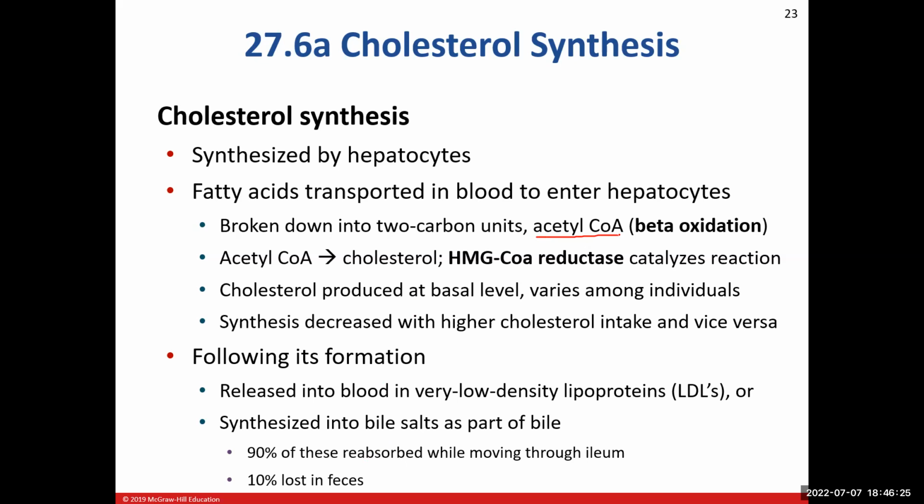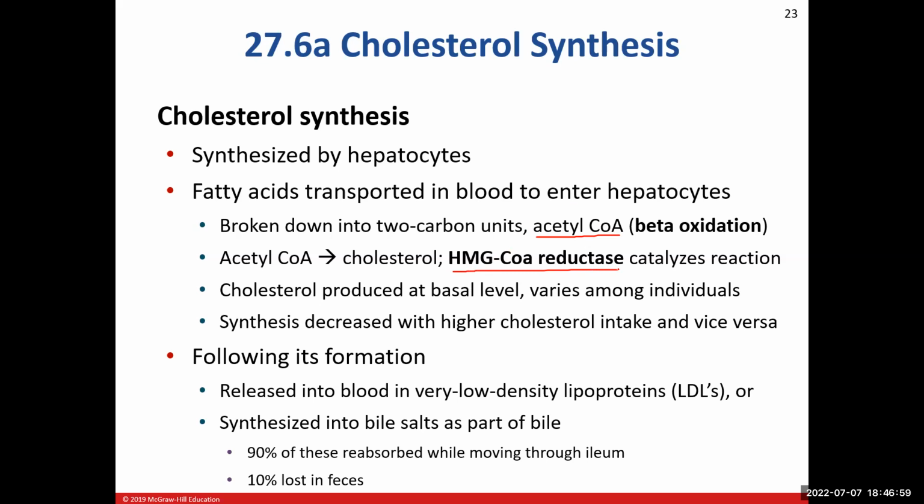We saw that big, long fatty acid, and all we do is cleave off those carbon units a little at a time, more and more, until we're left with the last 2 carbon units. That's the acetyl-CoA. So now we're going to build up our cholesterol molecule. In order to do that, we need this very important enzyme. It's called HMG-CoA reductase.